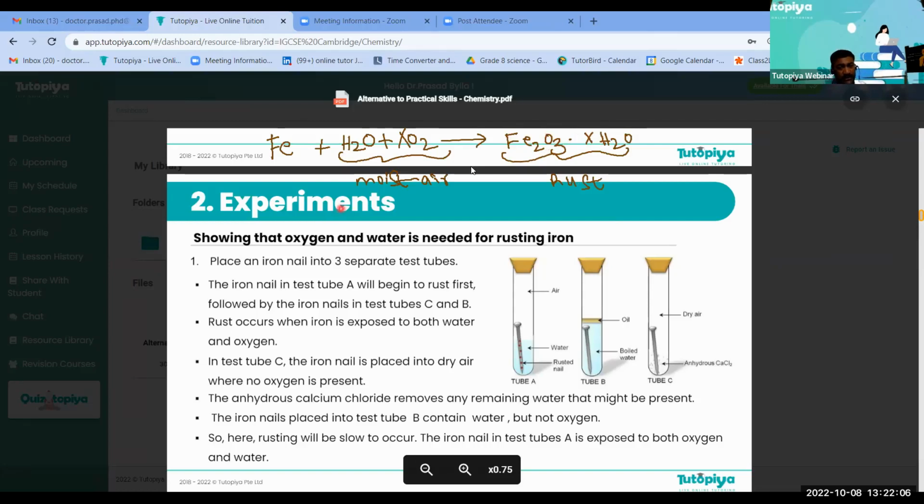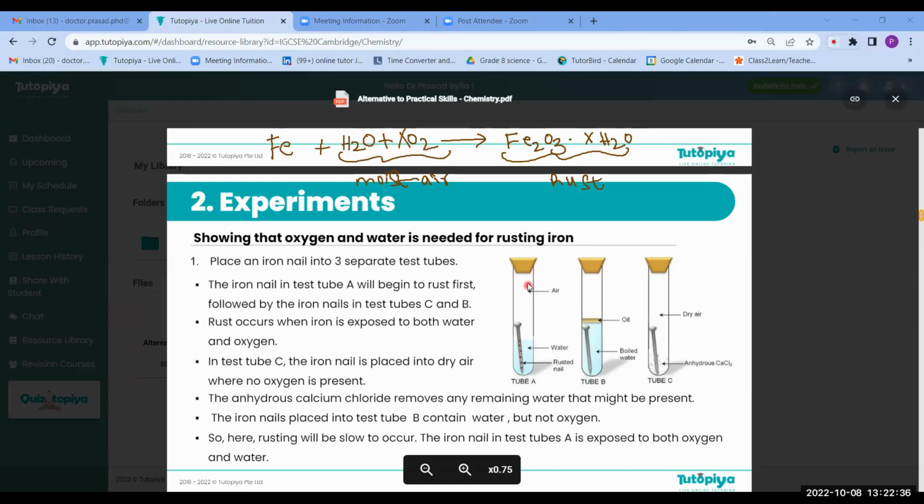So now, students, tell me, what are the two requirements for rusting? What do you require for rusting? What are the two requirements for rusting? There are two requirements. Any guess? Water and moisture. Very good. No, water is already moisture. Water and oxygen. Sorry. Okay, no problem.